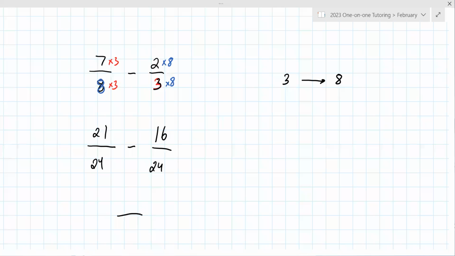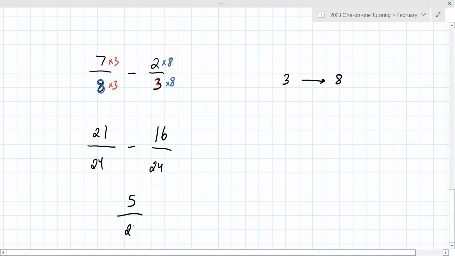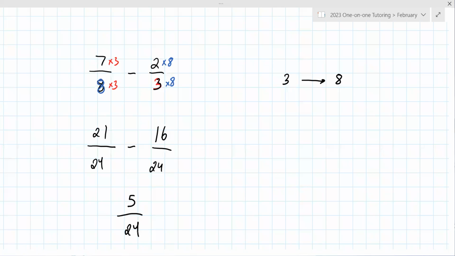Minus 16. 15 over 24? 5 over 24. Oh, 5. Is that okay? Yes.